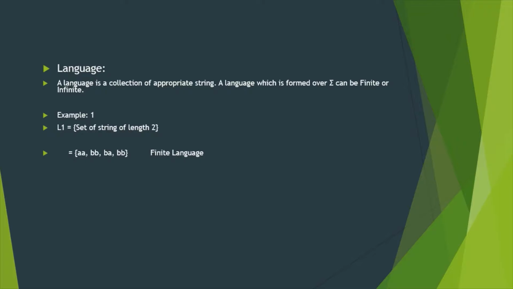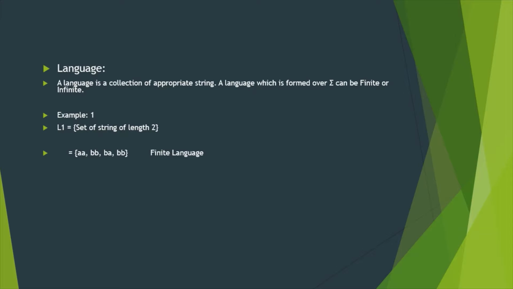The example here I have taken is the language L1, and it is also a set, so we have represented it in curly braces. The first example is the set of strings of length 2 over sigma, here A and B. So what strings are possible?